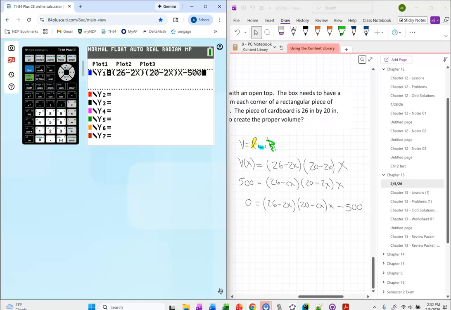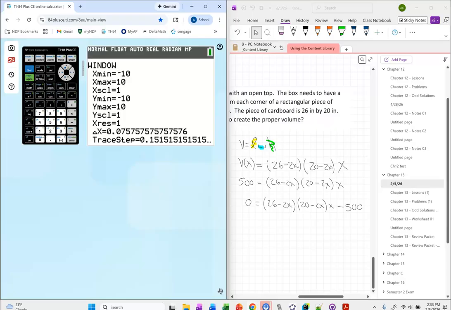Now I want to think here for a minute, because I'm betting that I have to make some intelligent choices about my window here. So let's think about what are the biggest and smallest values that x could possibly have. What's the smallest value x could have reasonably?